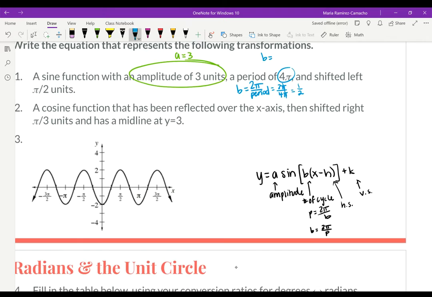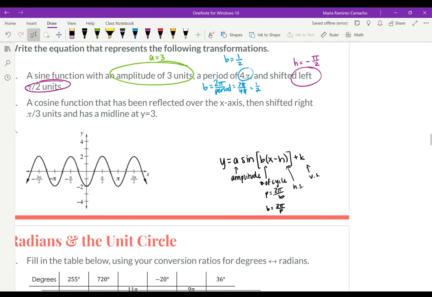So B equals 1/2. Shifted left, pi over 2 units. Left is negative. So our H is negative pi over 2. There's no mention of a midline or anything, so we don't have to worry about K.